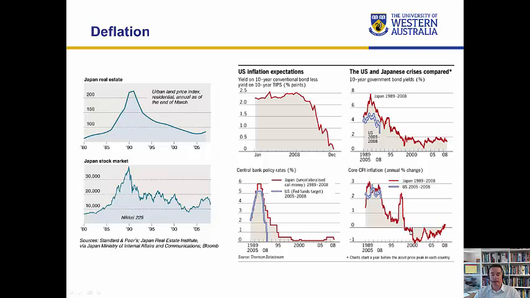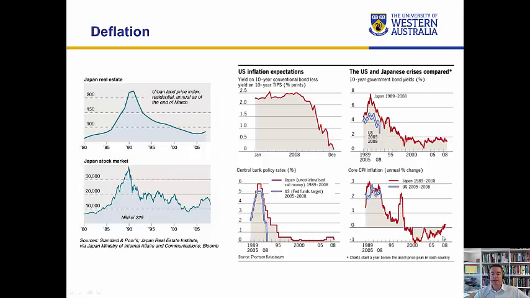If you have a look at the bottom right-hand graph, we've got core CPI inflation here. And from around 1998 onwards, you can see that inflation became deflation in Japan. Right throughout the 2000s, the Japanese were still suffering from the after effects of these two bubbles bursting, and they were experiencing very slow growth and deflation.